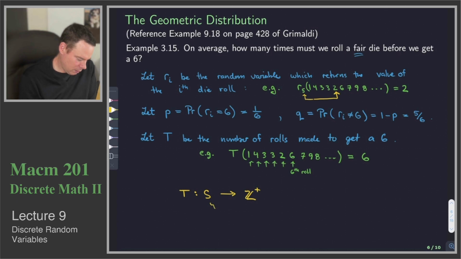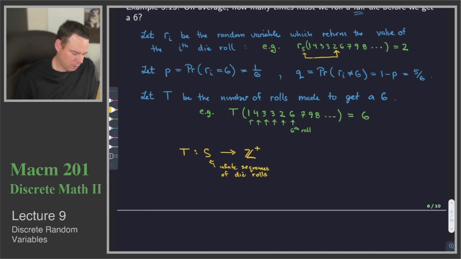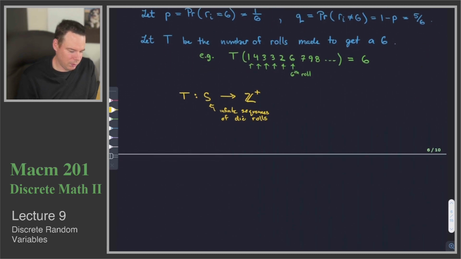What is S in this case? This is all the infinite sequences of die rolls, all the sequences of die rolls that we can have. For each one of them, we are just working out when the 6 first appears. And that's what we want to find the expected value of.